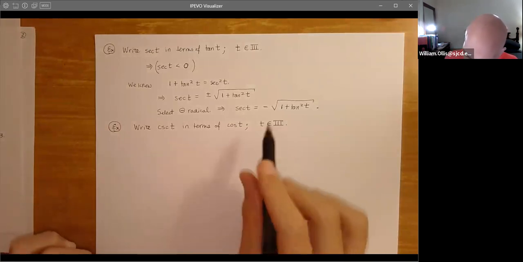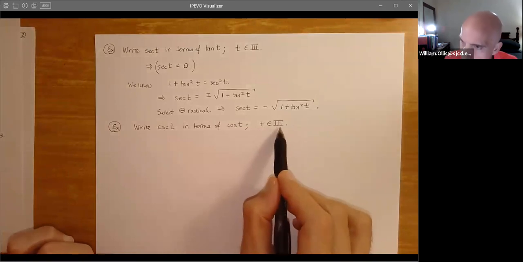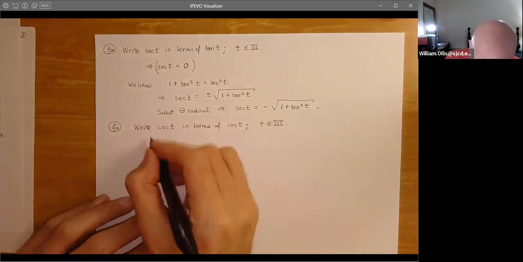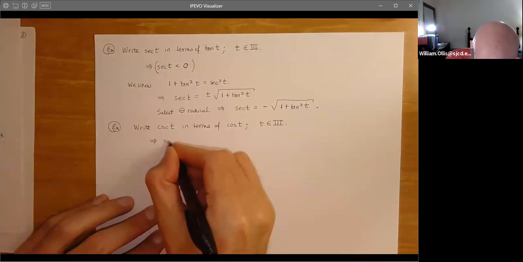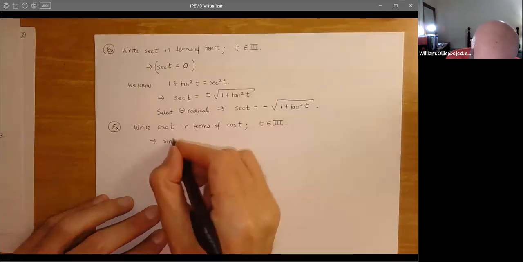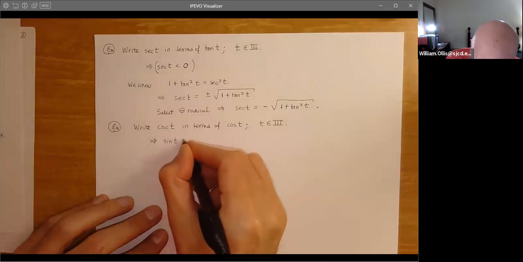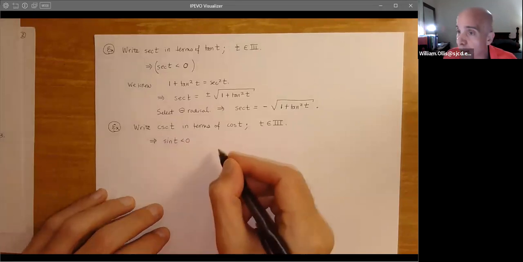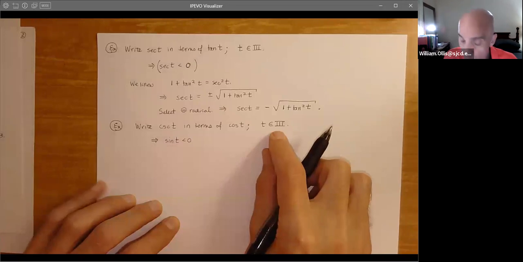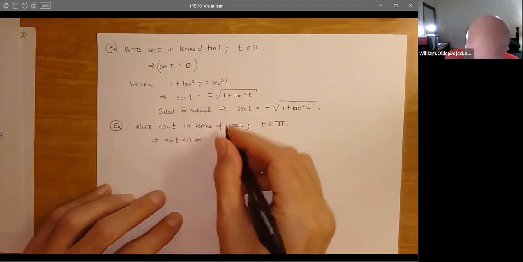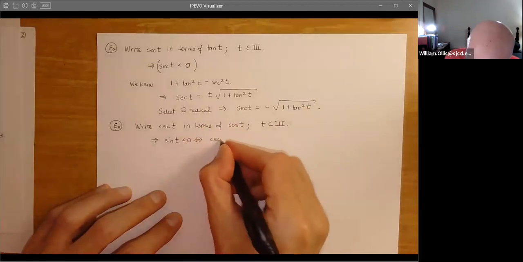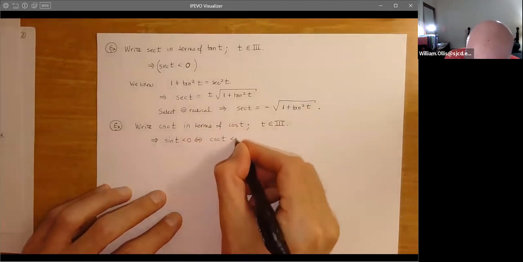So first, before we even do that, notice t is in the third quadrant. So this implies that sine of t is less than 0. That is, the y value is negative in the third quadrant, which equivalently means cosecant of t must be less than 0.